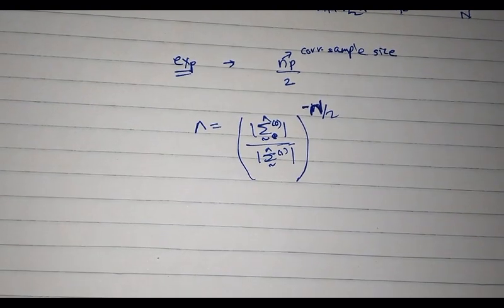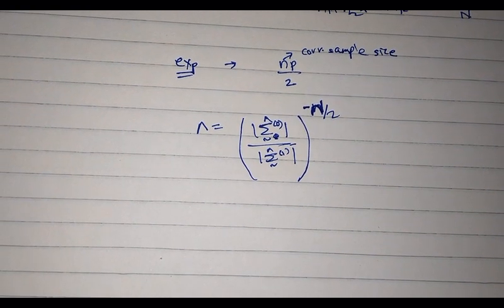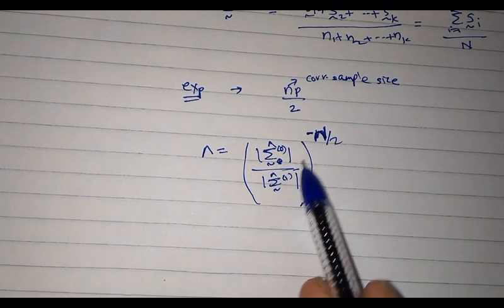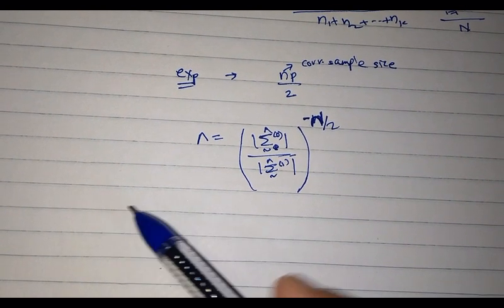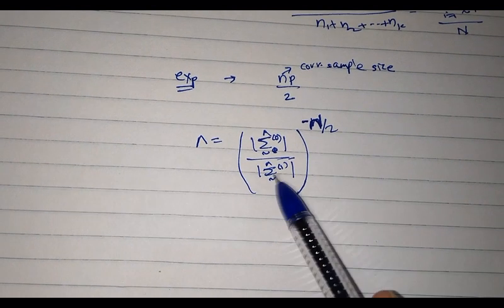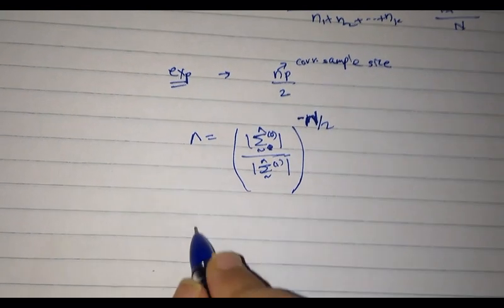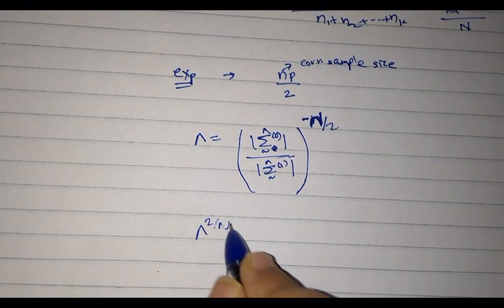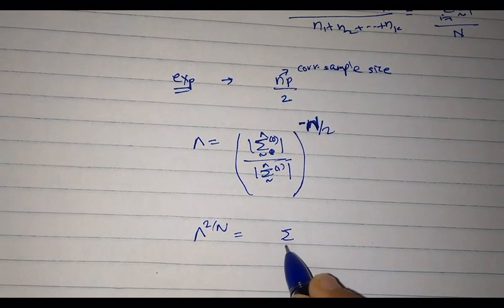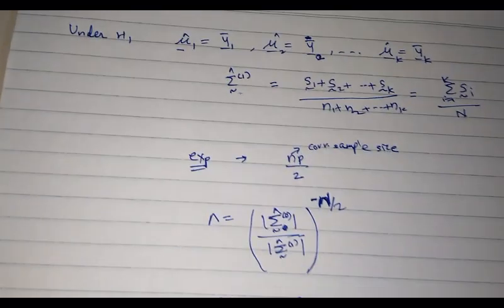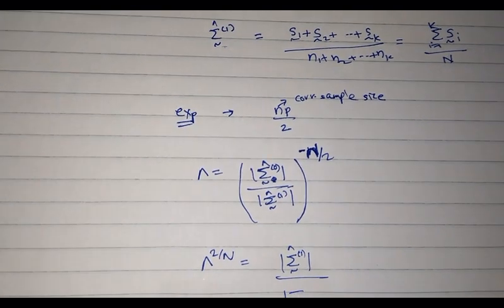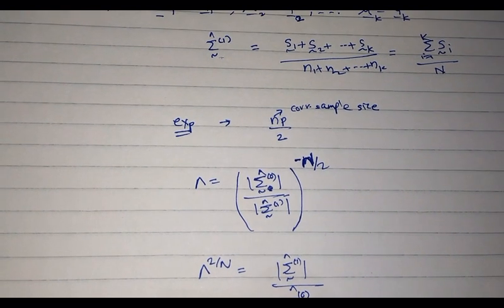Again, you can compare this with the likelihood ratio test for a single mean, and it would be clear to you why this happens. As a result, my test statistic can be slightly modified as overall sigma hat upon sigma naught hat.